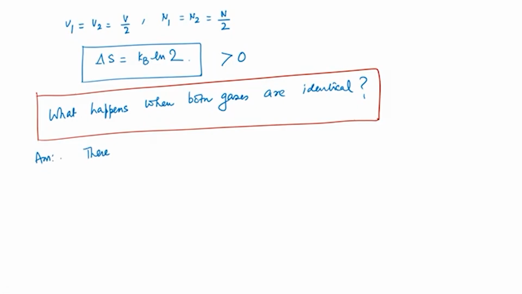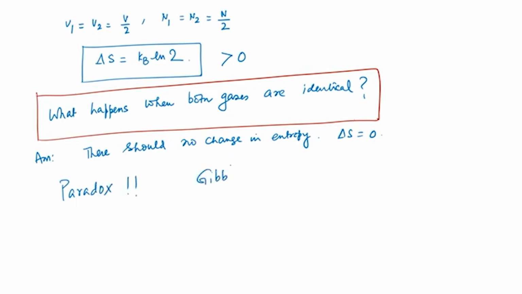So, the answer is that there should be no change in entropy, which means delta S is equal to 0, but we are getting delta S to be a number by just calculating what we just saw, and this gives rise to a paradox, and this paradox is called the Gibbs paradox.